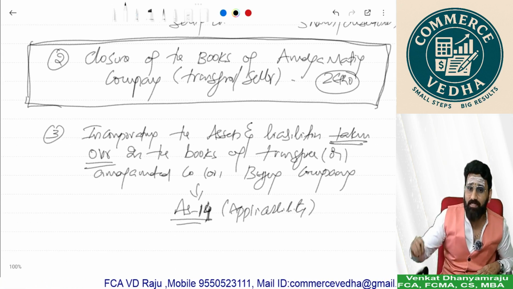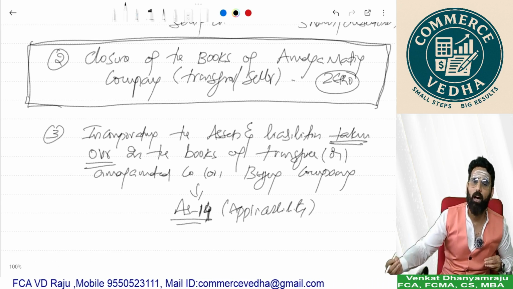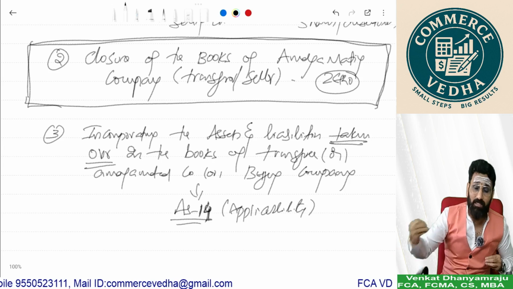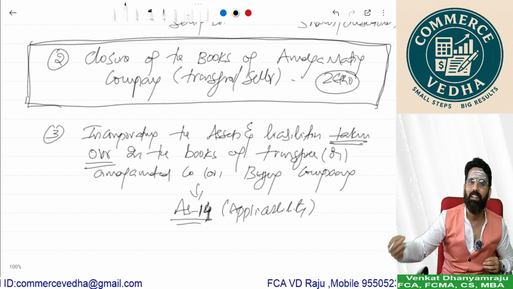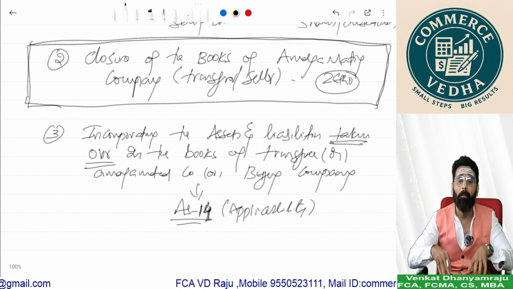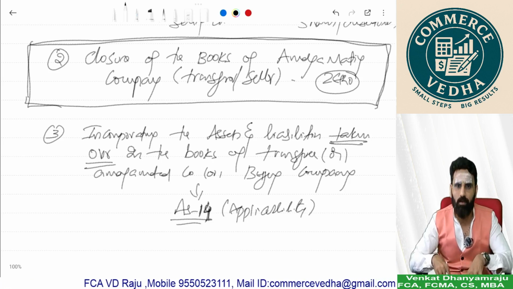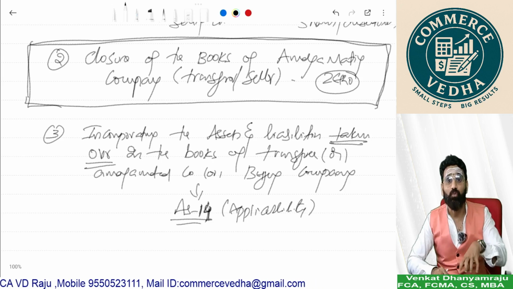So the third step is incorporating the assets and liabilities of the selling company, which are taken over by the buying company, in the books of the amalgamated buyer or transferee.